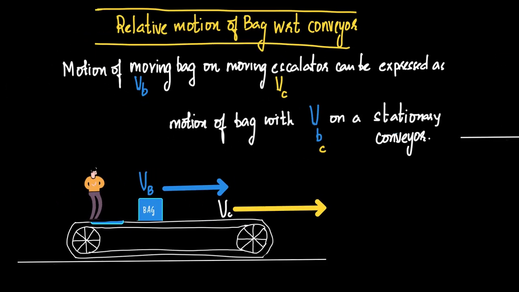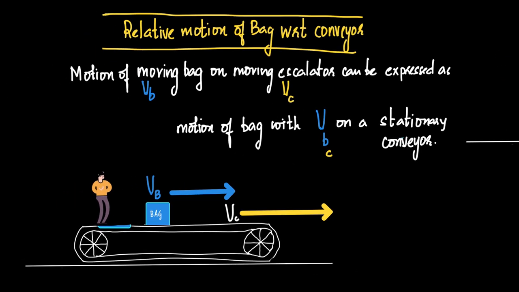See, this portion here is very important to understand the inertial frame of study here. What I've done here, I have analyzed the relative motion of bag with respect to conveyor. So what does it mean? It means that motion of a moving bag with velocity vb, to be more precise, with respect to ground, on a moving escalator with velocity vc with respect to ground, and now we know that this ground is not required, right?